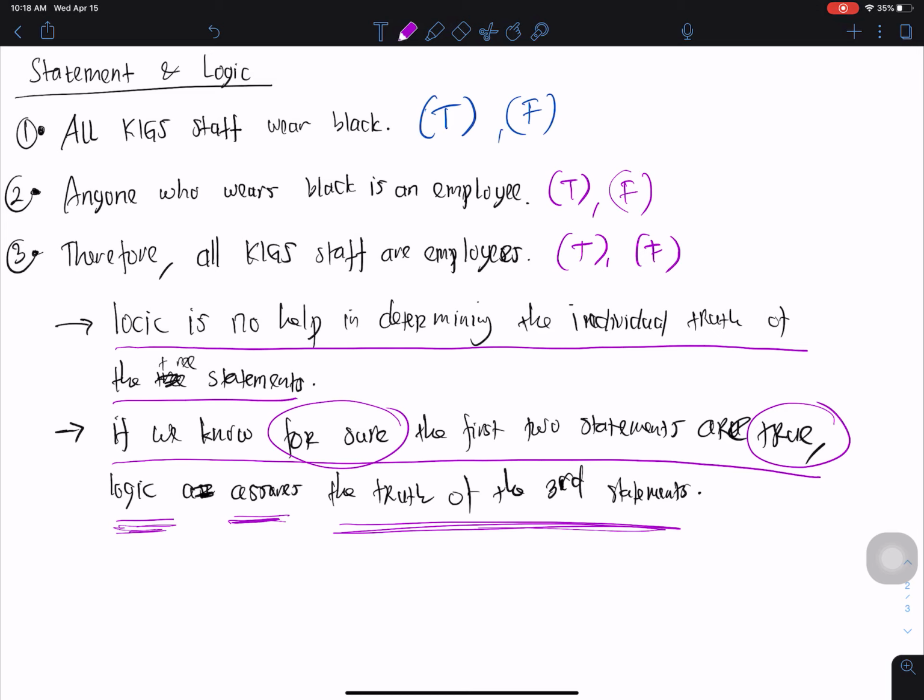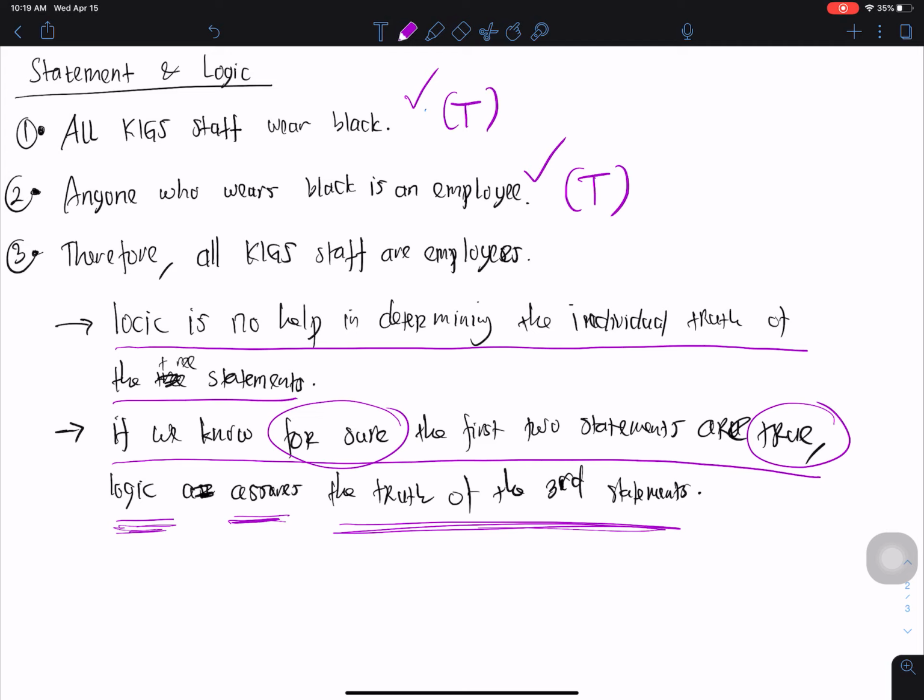How is it? Okay, let us try. I will put this one first. As mentioned earlier, if we know for sure the first two statements are true, so now we know that this is true and this one is true. Now, can we connect these two statements to tell us the truth value of the third statement? All KIGS staff wear black is true, and anyone who wears black is an employee is also true.